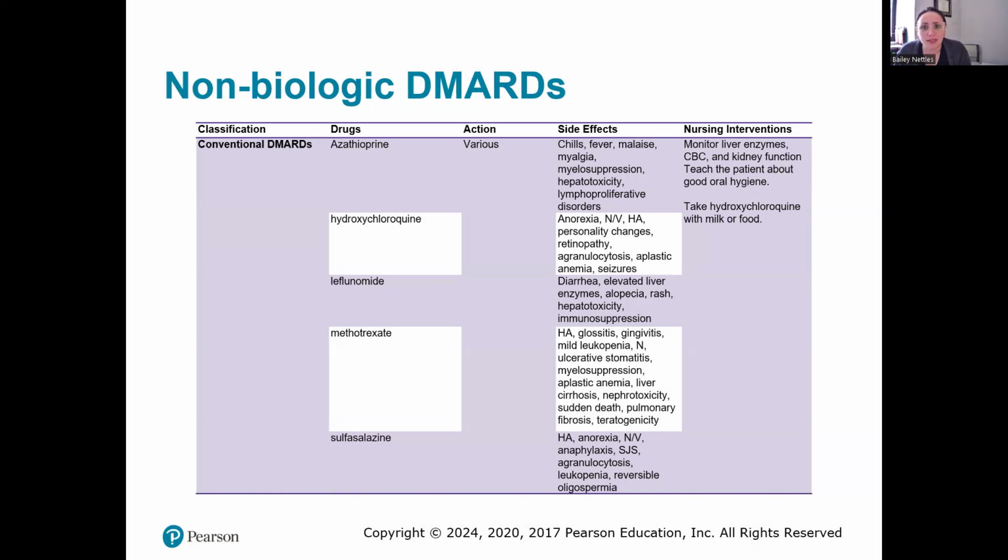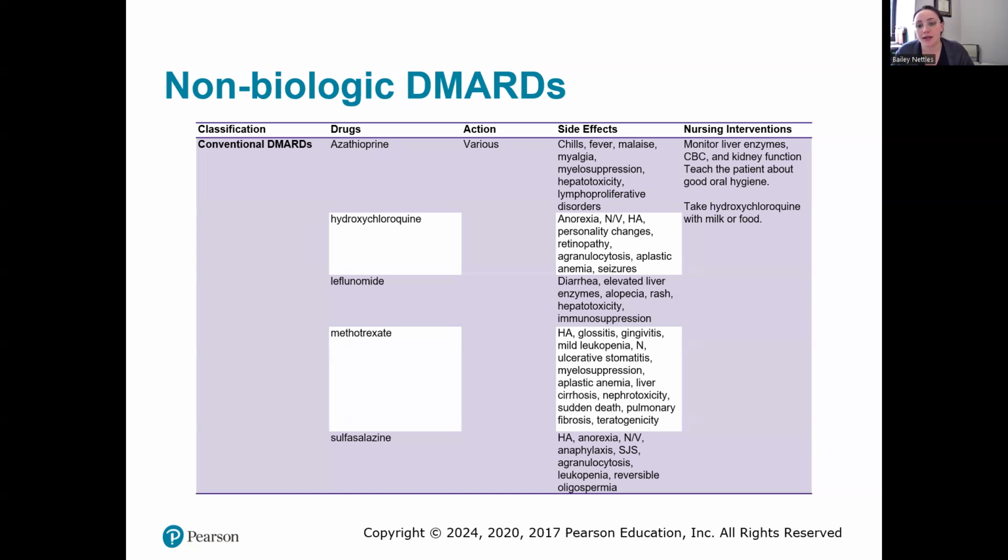We need to monitor CBCs because we have to make sure that our white blood cells, red blood cells, leukocytes, neutrophils, all those things are normal. And we have to tell them to avoid crowds, avoid sick people. When you're immunosuppressed, you have nothing to protect you. So one person has a cold and you're like, oh, it's nothing. And then it's a full-blown pneumonia and worse for you because your body cannot even fight the simple cold.